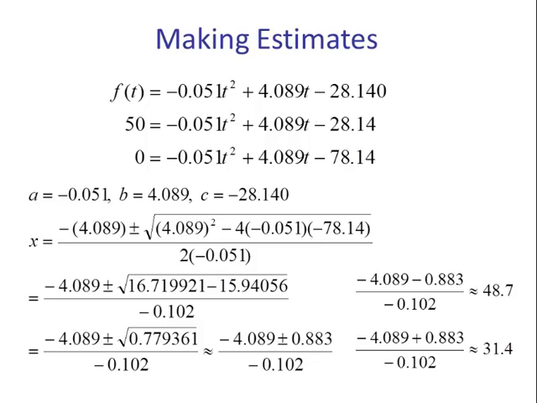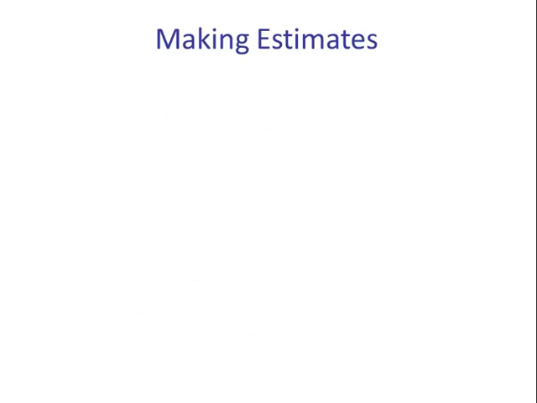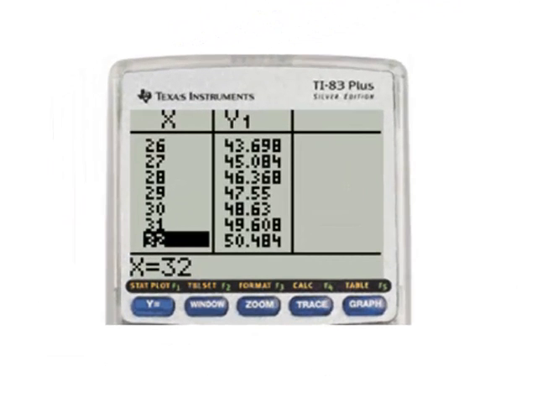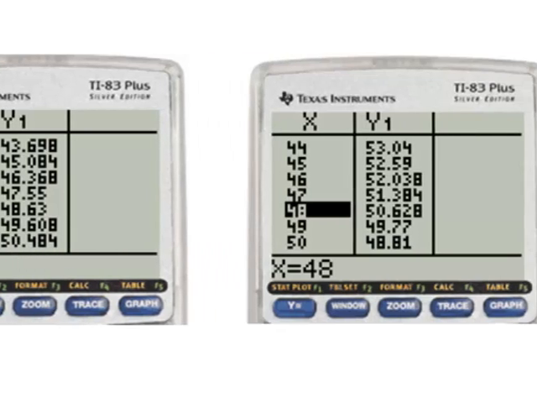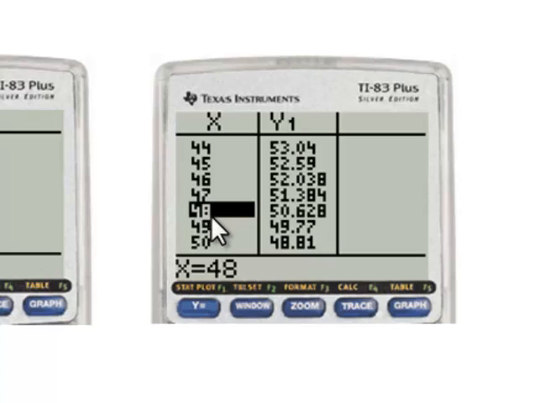To verify this using the graphing calculator, we can use the table feature. We can see when x is 33, we have a percentage a little bit more than 50%, and when x is 48, the percentage is a little bit more than 50%.